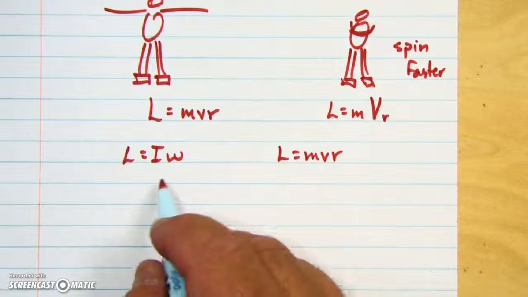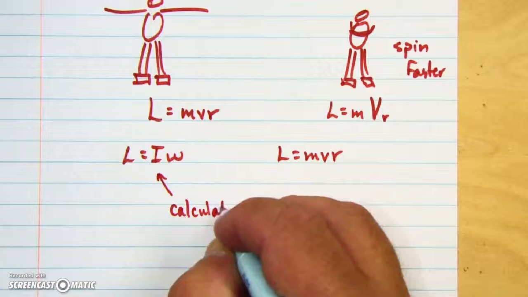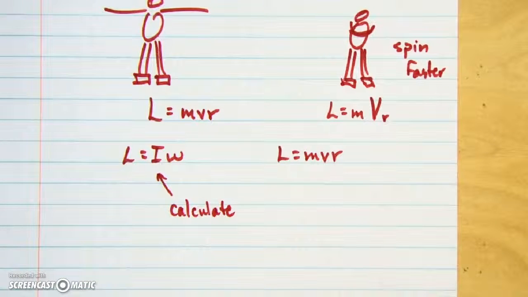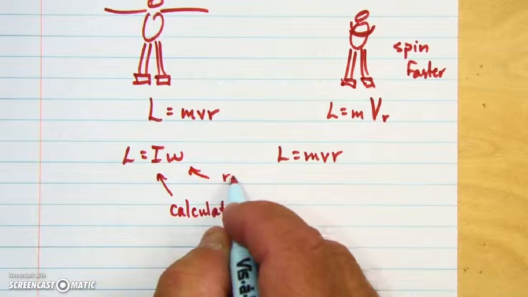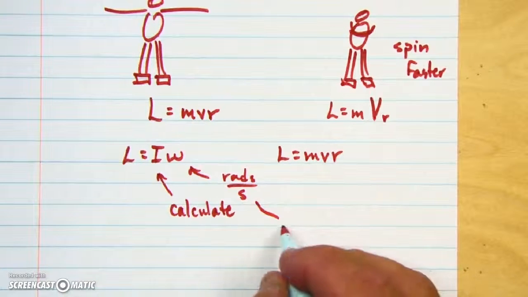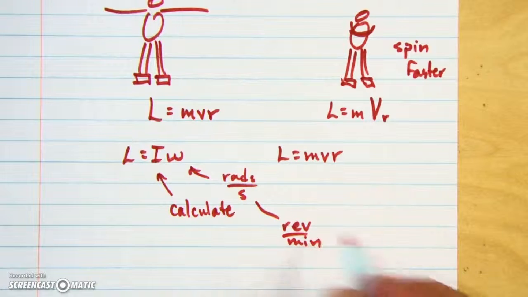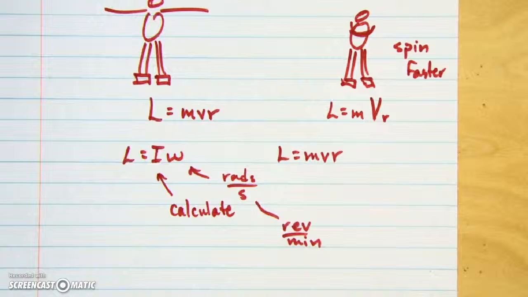The moment of inertia is something we will calculate, but there's no set formula for it because every shape has a different formula. Omega is rotational speed, which is going to be in rads per second. It can also be given in RPMs, revolutions per minute, and if you get that, you're going to have to change it into rads per second. A nice review, though, if you haven't done it in a while.